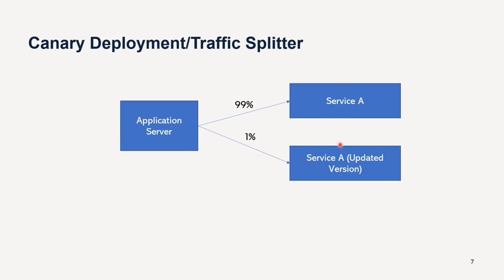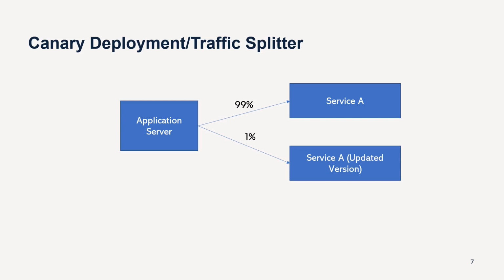That's how you can configure the routing of traffic. You can decide how the traffic is going to be consumed by the older or the newer service. That's how you can deploy the services. It's also called canary deployment. This is a very good way to test your new changes in production.